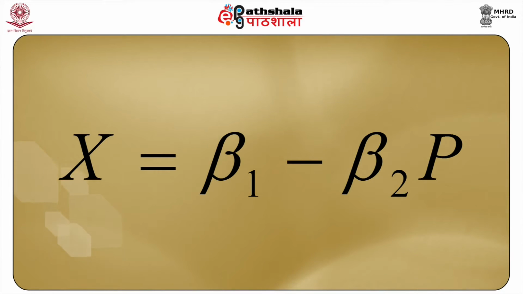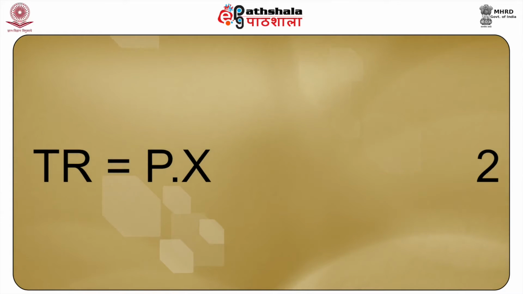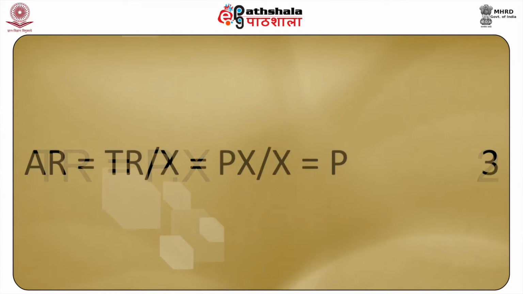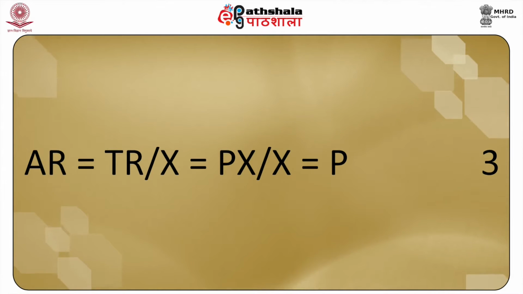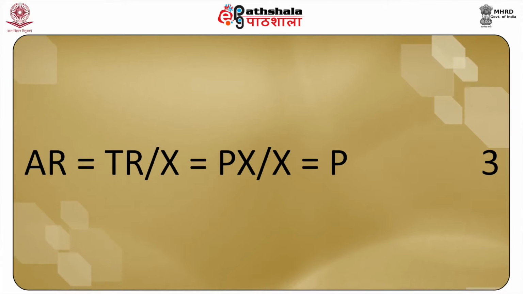Let it be called equation number 1. The total revenue, that is TR, is equal to P into X. Let this be equation 2. The average revenue function is equal to TR divided by X, which is equal to PX divided by X, which is equal to P. Let this be equation number 3.